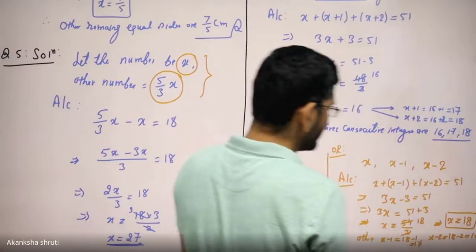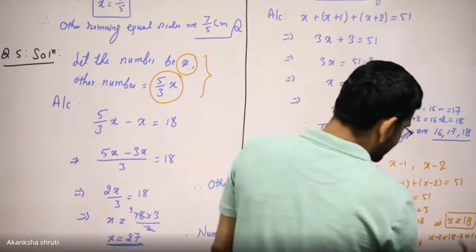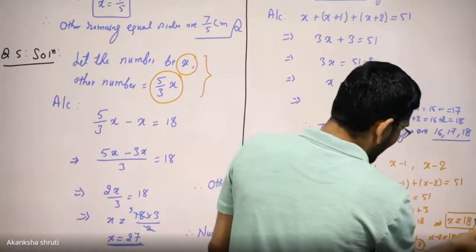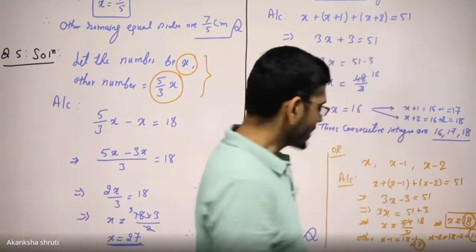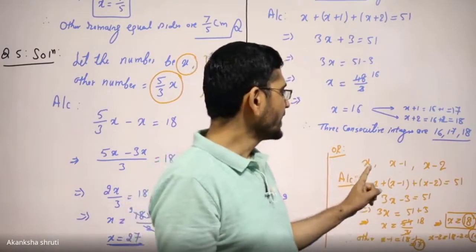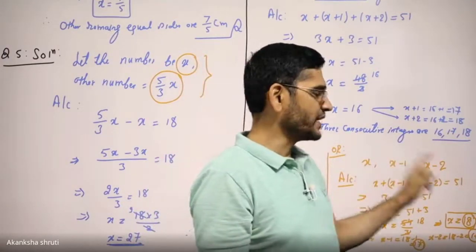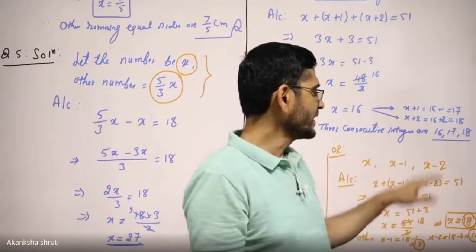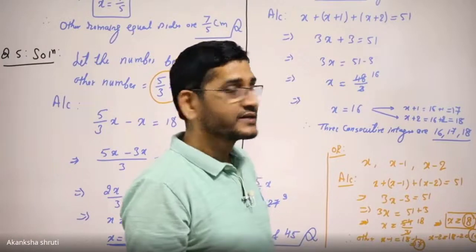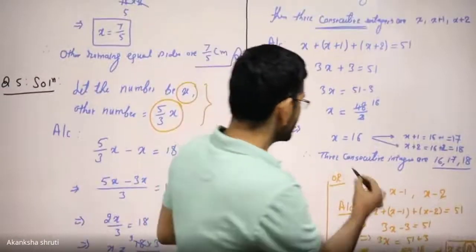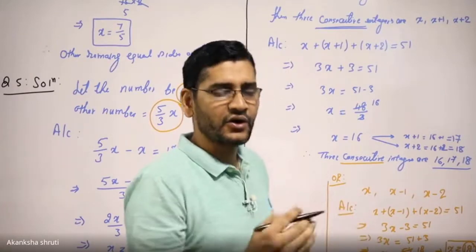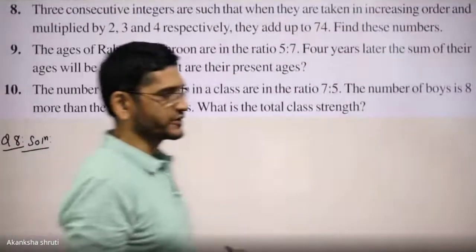So still our result remains the same: 16, 17 and 18. So our answer does not depend on whether we are taking x plus 1, x plus 2 or x minus 1, x minus 2. This is the beauty. So be careful. Simply, consecutive means it should be continuous, either in the forward direction or in the backward direction. Let us go for the next question.